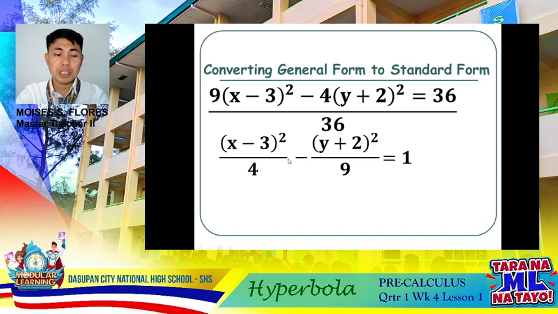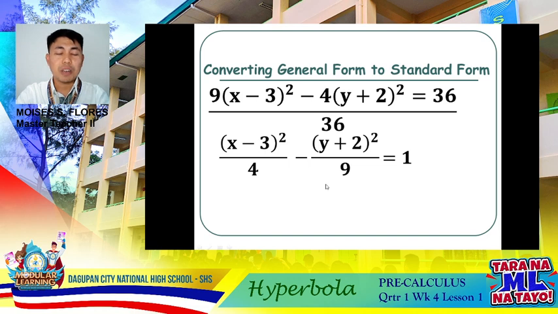From our steps, again, group the terms. Group the terms with the same variables, and of course the constant is to be transposed to the other side. Then extract the numerical coefficient of your variable on the second degree in its group, and of course apply the completing the square method. And take note to multiply the factors when you write it on the other side to make it balance.